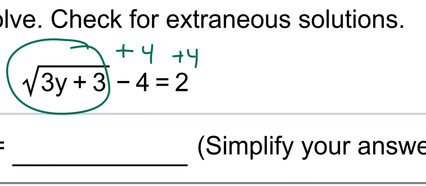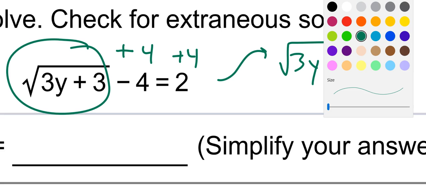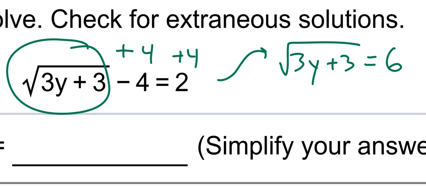If we add 4 to both sides, what do we end up with? Radical 3y plus 3 equals 6. Then we got to square it, right? Yep. Now you got it. Square both sides. Keep going with the question. Find me an answer.